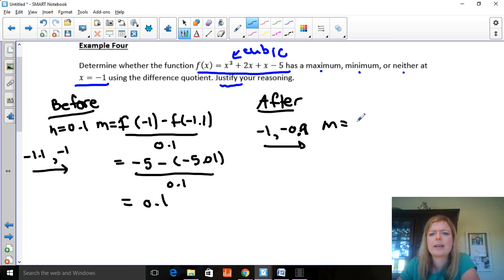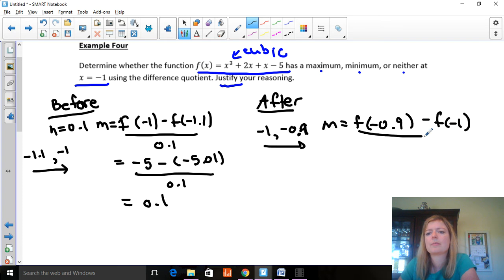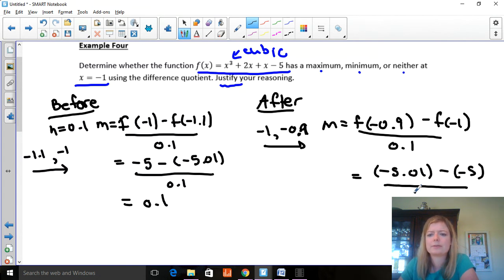So your slope is going to be f at -0.9 minus f at -1 divided by 0.1. You put that in, you get -5.1 minus -5 divided by 0.1, and that gives you -0.1.